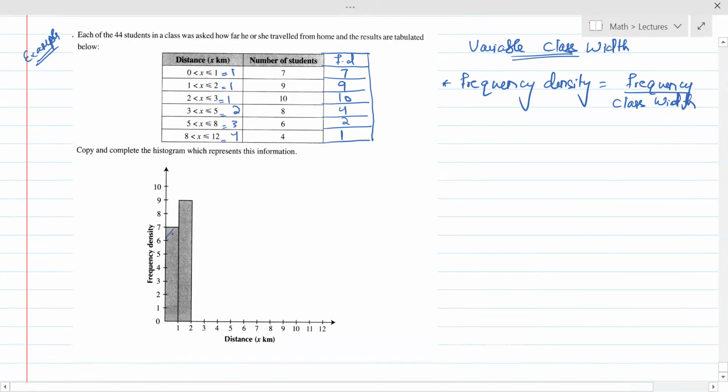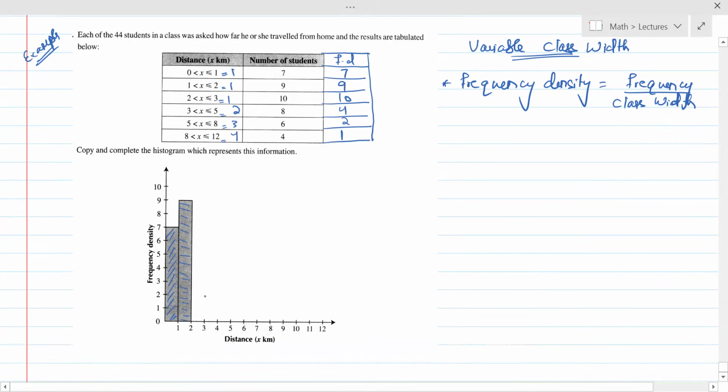For the second class, 1 till 2, the frequency density is 9, which is also evident from the rectangle already drawn. Now we have to complete this histogram by drawing the rest of the rectangles. The third class is 2 till 3 and the frequency density is 10.